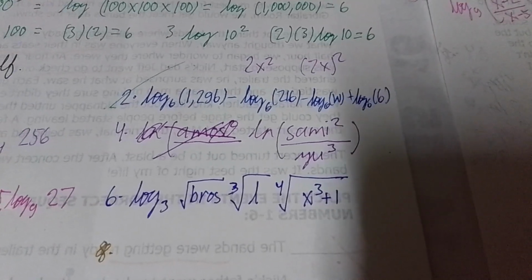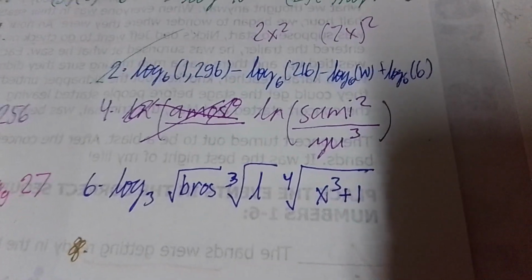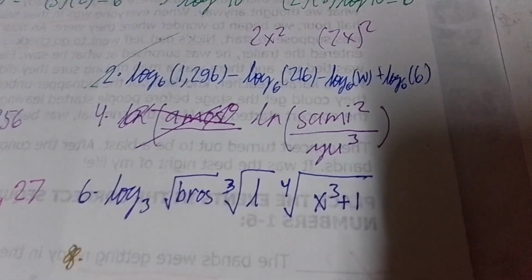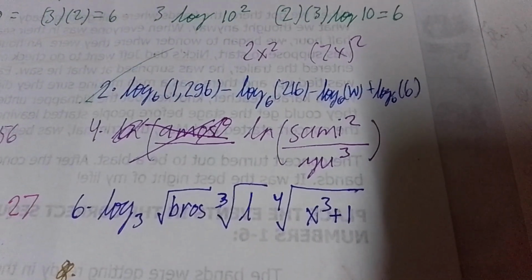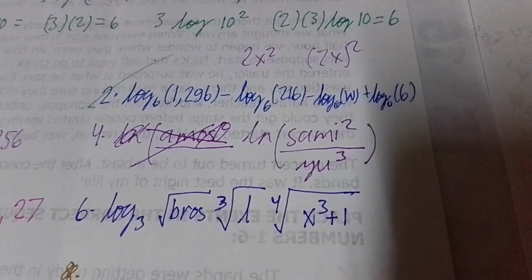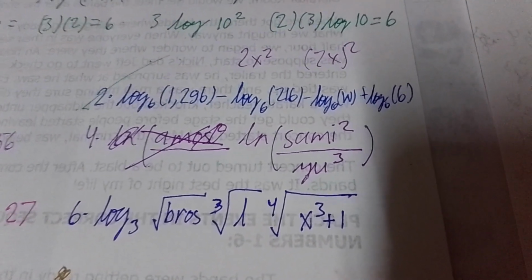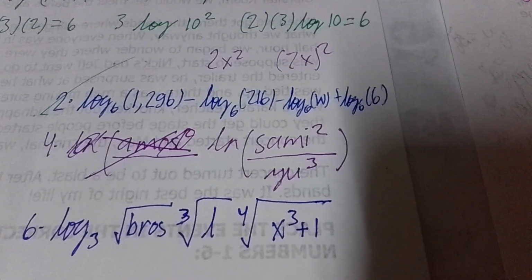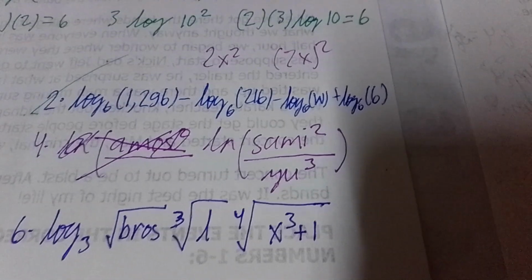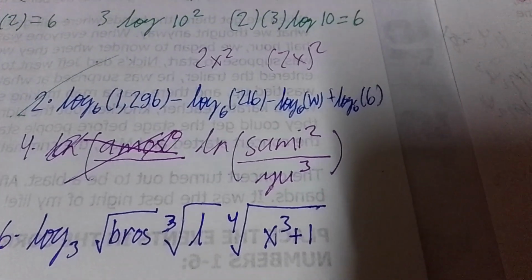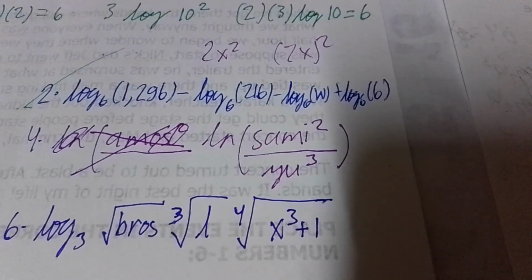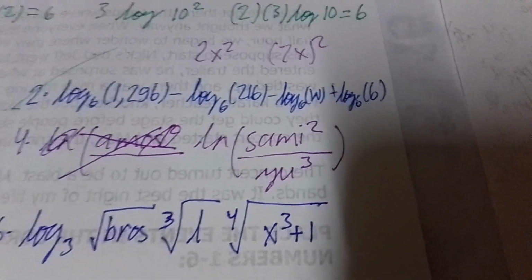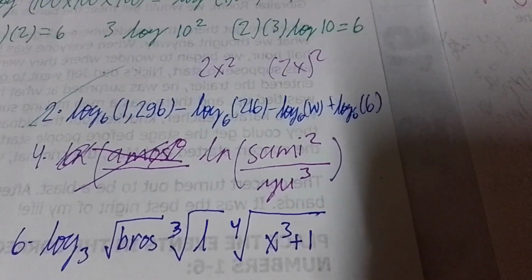We have log base 3 of the square root of Ross, and then the cube root of L, and then x cubed plus 1 raised to the 4th root.